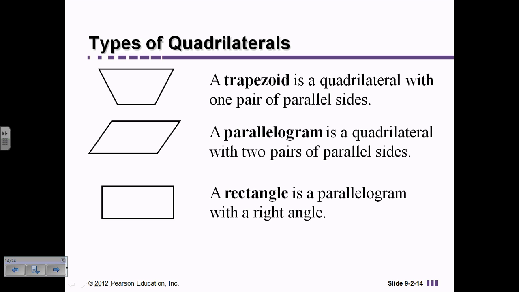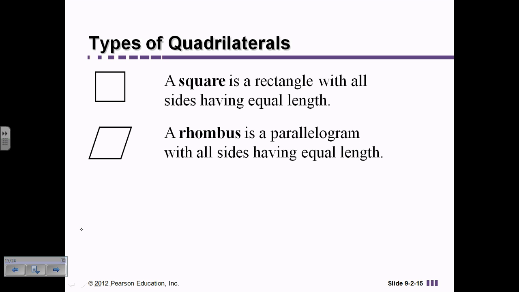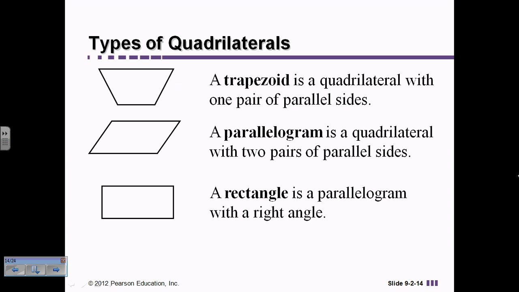So here are just some basic quadrilaterals that you need to be familiar with. Remember, quadrilaterals are four-sided figures. If we have something called a trapezoid, it's a quadrilateral with one pair of parallel sides.